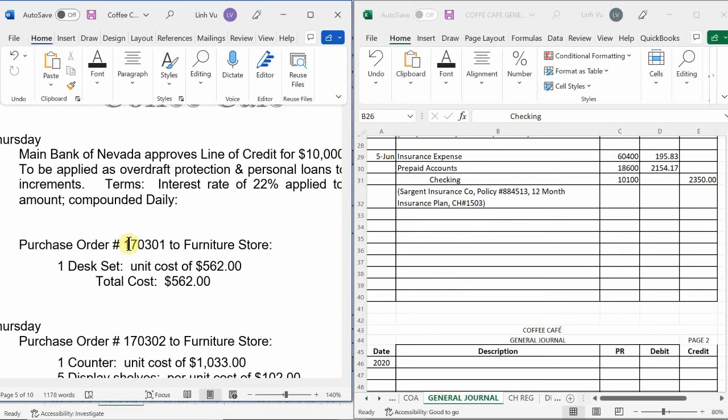Now, in this case, we made a purchase order to Furniture Store. So do I need to record this transaction? Does it mention anywhere of me making any form of payment?